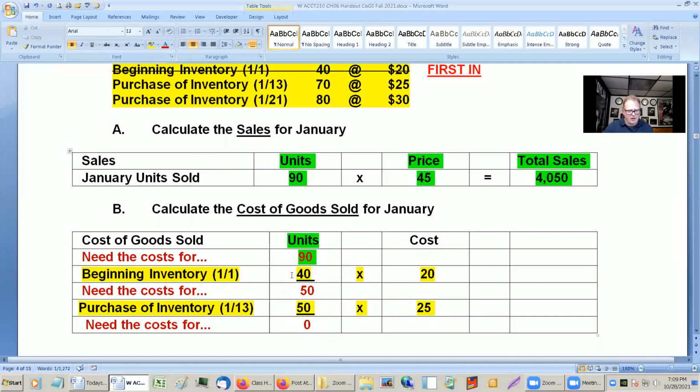And you'll notice something here though, that these layers all have to add up to that 90, right?